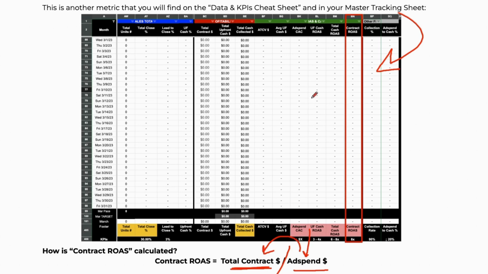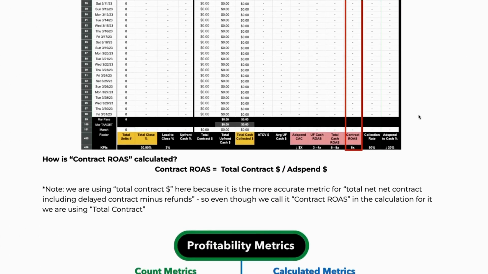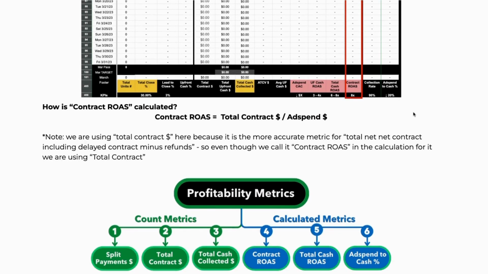Now, this is different than upfront cash ROAS, which was an acquisition metric, saying, hey, out of the ad spend that we spent, how much did we actually get back upfront? This one is, out of the ad spend that we spend, how much did we actually collect in contract value, okay? And we're using total contract here because it is a more accurate metric for total net, all contracts included. That's why we use total contract instead of just upfront contract or something like that, okay?